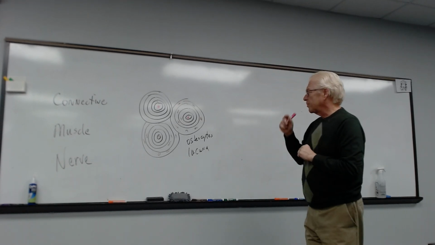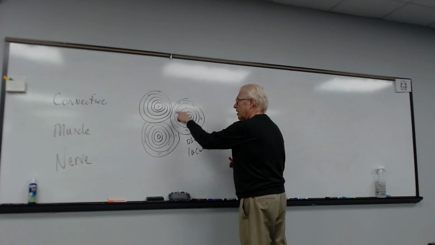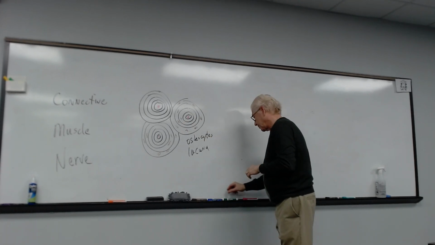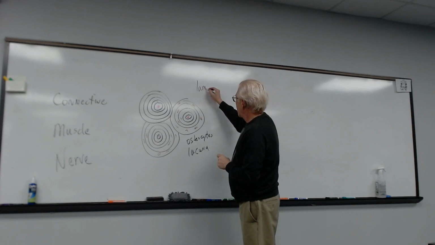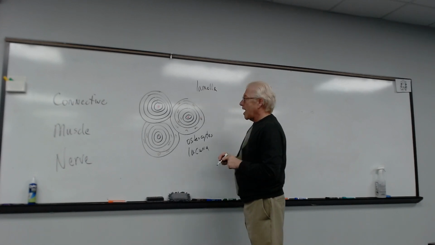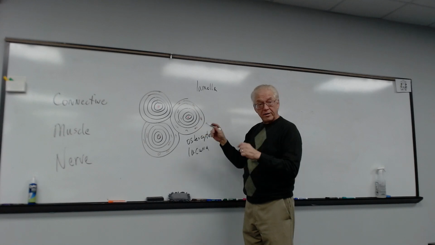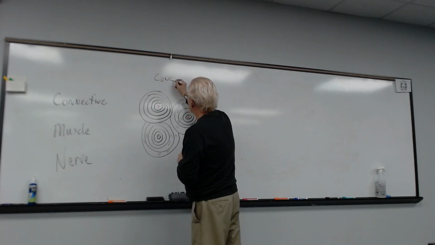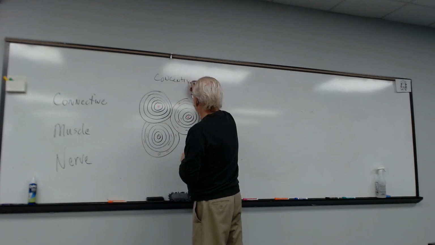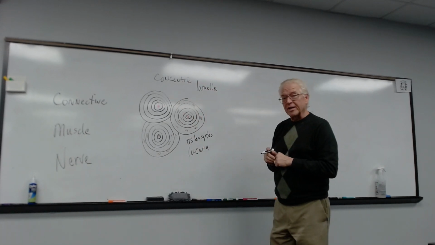But each of these rings is called a lamella. Lamella. And because they go round and around the same center, they're called concentric. Does that make sense? Concentric lamella.